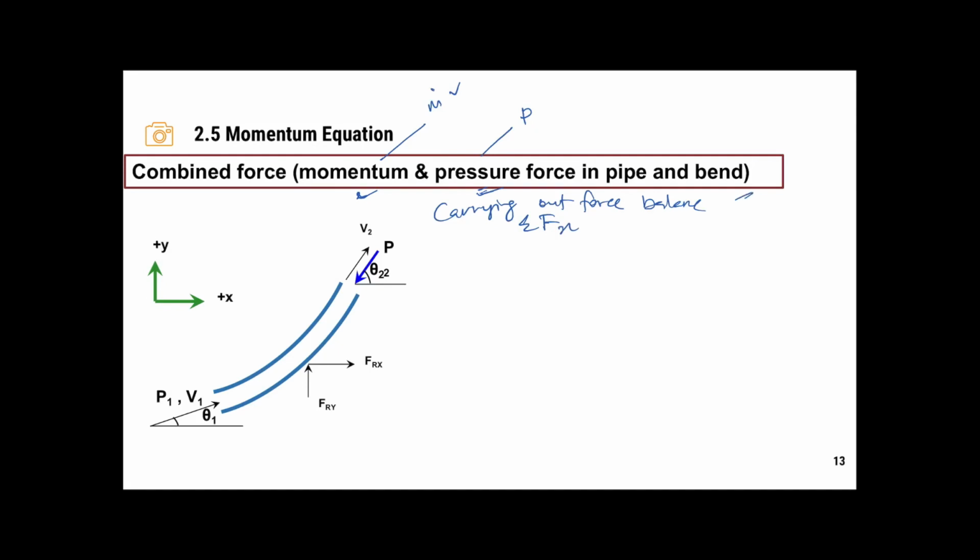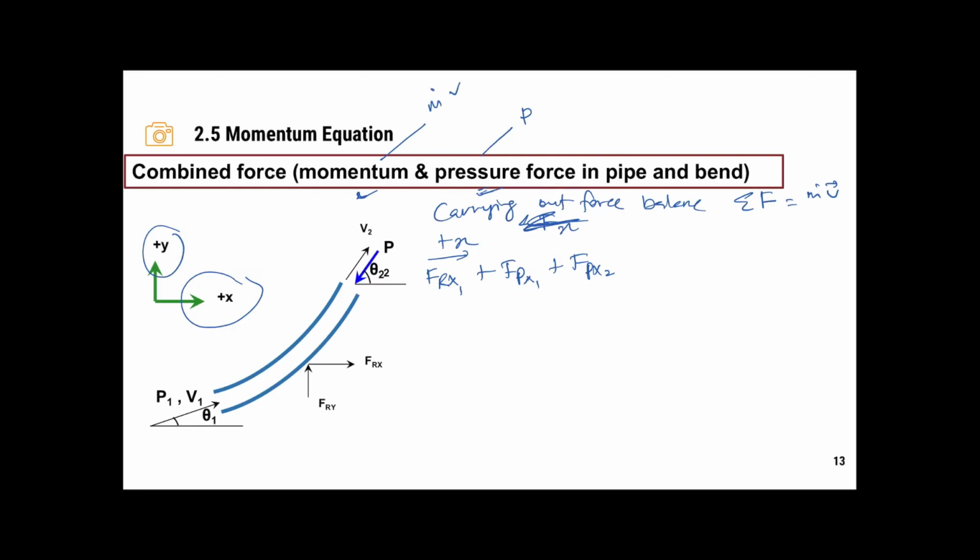So force balance always goes like this: total force equals m dot v. Okay, and then you start with direction. For example, you start with the X direction first. Then you have the reaction force Frx, plus Fpx1, plus Fpx2.